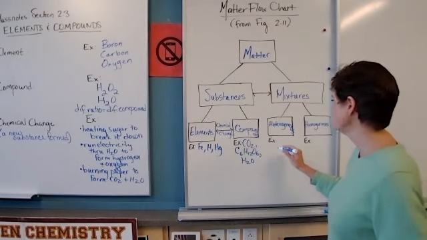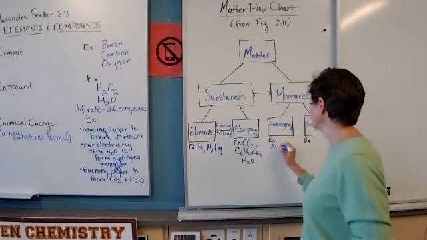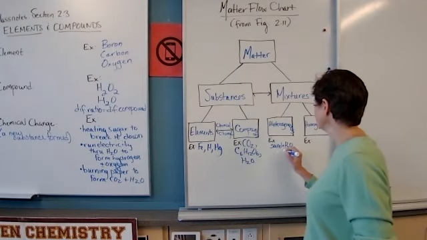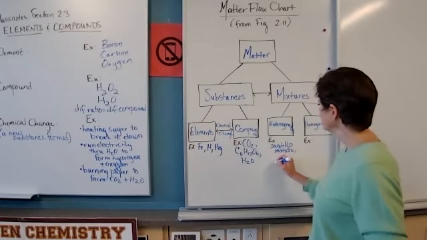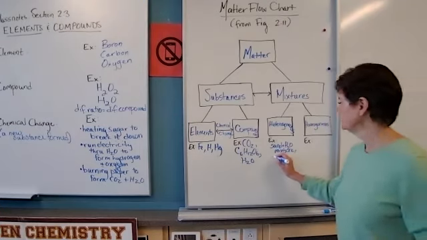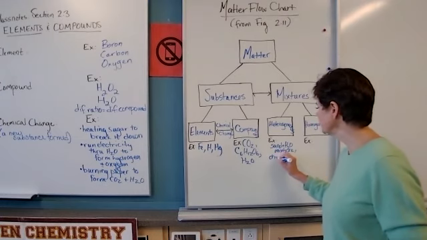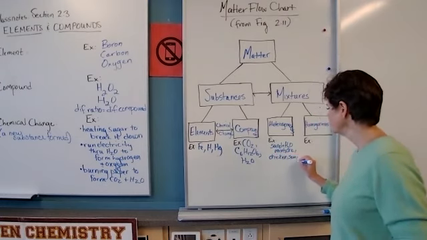That might be a sand and water mixture. Another example of a heterogeneous mixture, which is easy to picture, is maybe chicken soup. That's something we deal with in our daily world.